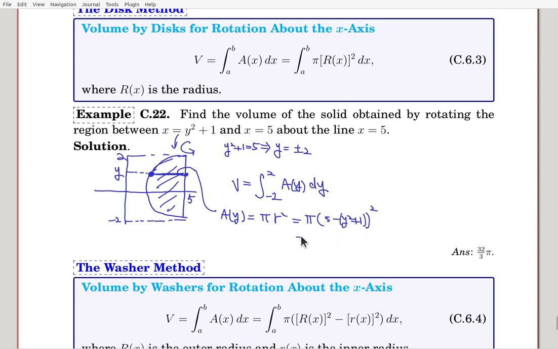So it is pi times y squared minus 4. In fact, it's 4 minus y squared, so we can write (y squared minus 4) squared. So the volume is the integral from minus 2 to 2 of pi r squared, that is pi (y squared minus 4) squared dy. If you evaluate it, you'll get the result. You can do it yourself.